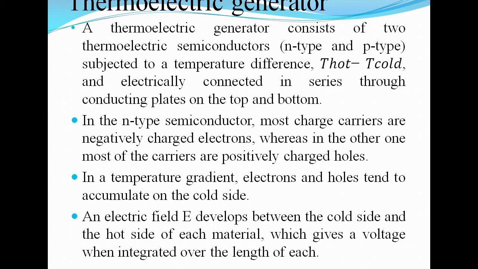So in N type material there will be negatively charged electrons, and in P type material there are holes which are positively charged. In a temperature gradient, electrons and holes tend to accumulate on the cold side. So an electric field E develops between the cold side and the hot side of each material, which gives a voltage when integrated over the length of each.